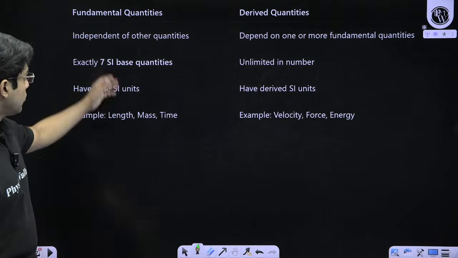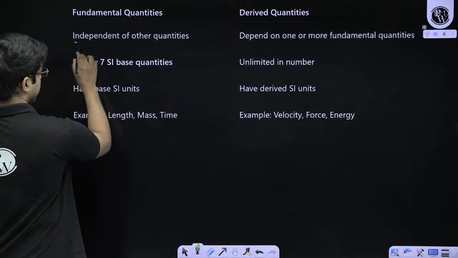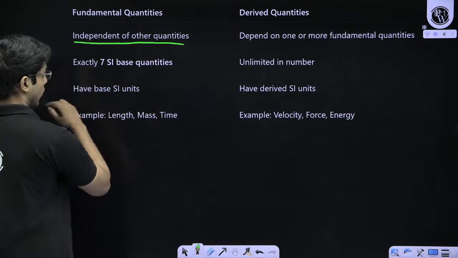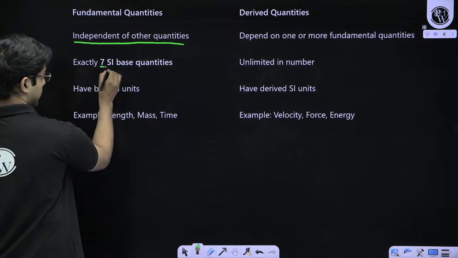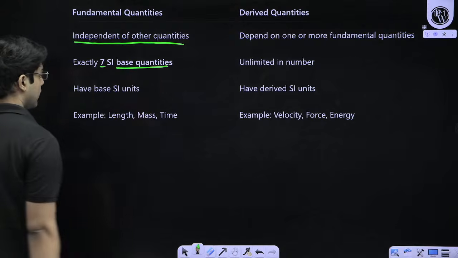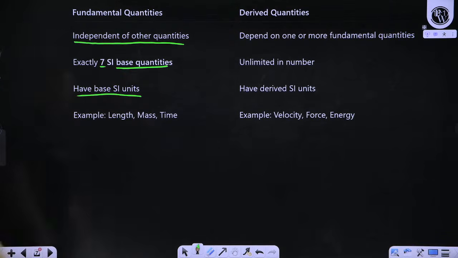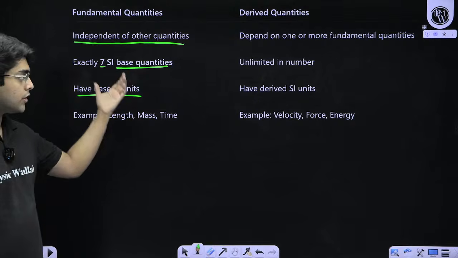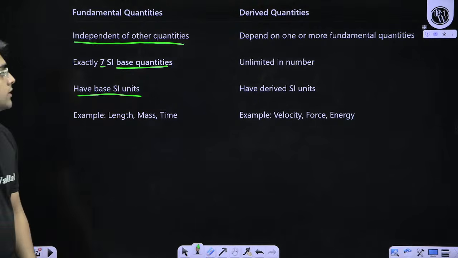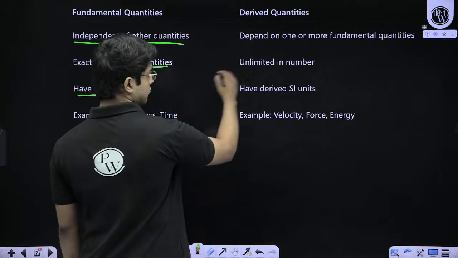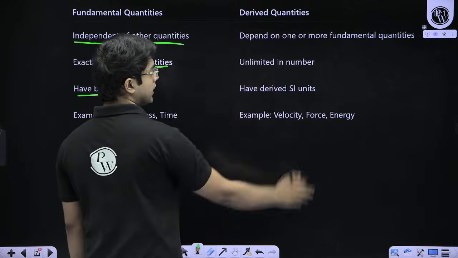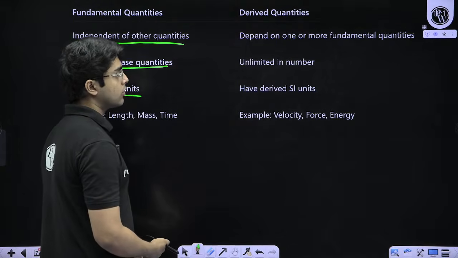So the fundamental quantities are basically independent of everybody. They have their own units, okay? And there are exactly 7 SI based quantities and they have their own units, right? And the 7 units we already took a look at. The derived quantities, there are unlimited of them and they depend on one or more fundamental quantities, okay?